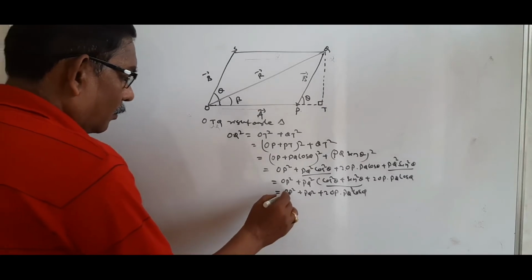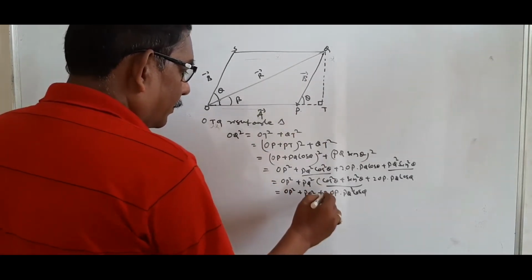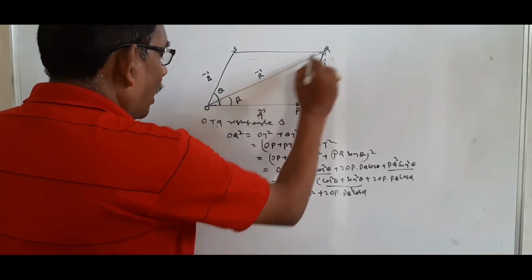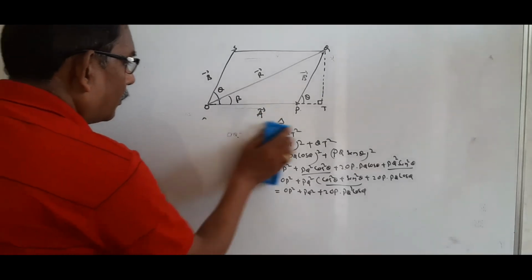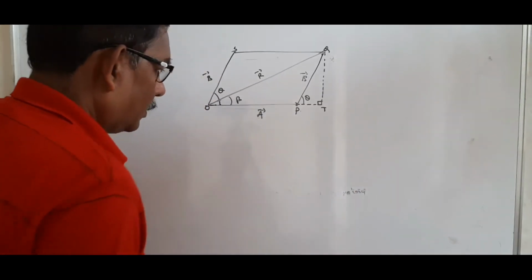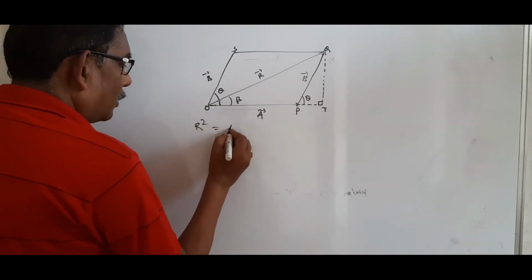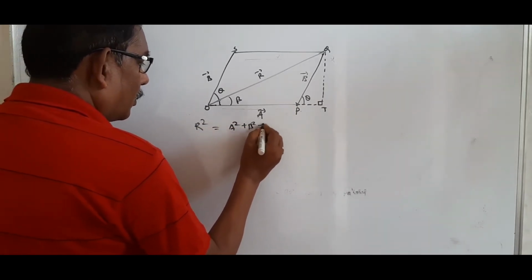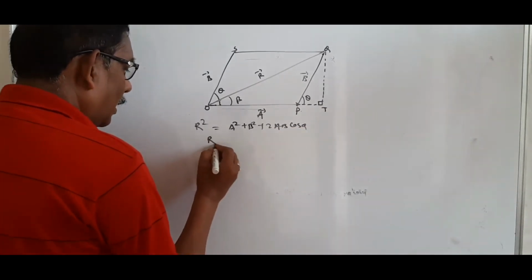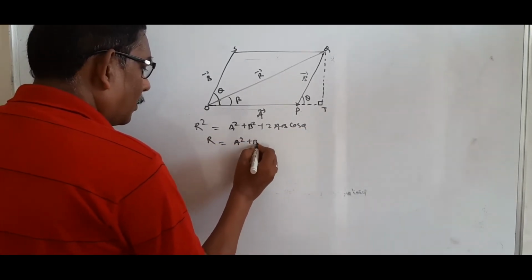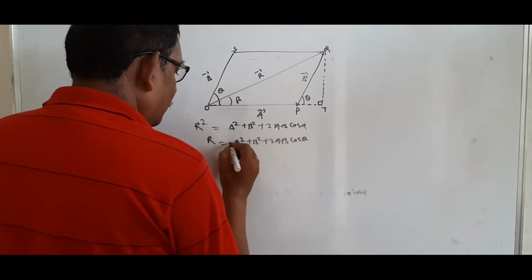Now put here OP is equal to A, PQ is equal to B, and OQ is equal to R. So after putting the values in this equation, R square equals A square plus B square plus 2AB cos theta, and R is equal to the square root of A square plus B square plus 2AB cos theta.